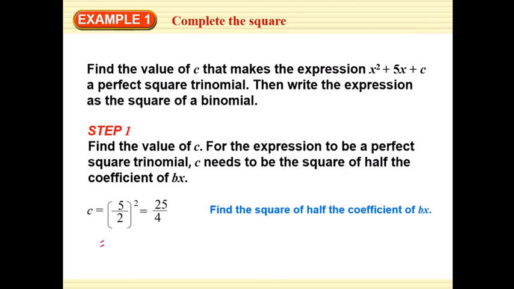However, in order to factor it nicely, we're going to keep these as fractions. That's how the book wants it. But 5 divided by 2 is 2.5, and when you square 2.5, you get 6.25. So if you see a fraction in your problem, you're going to want to keep fractions.